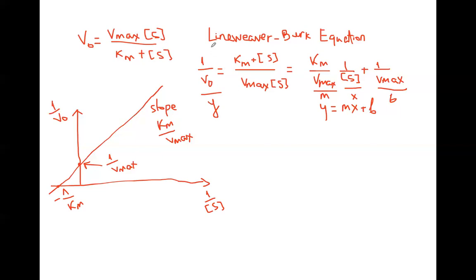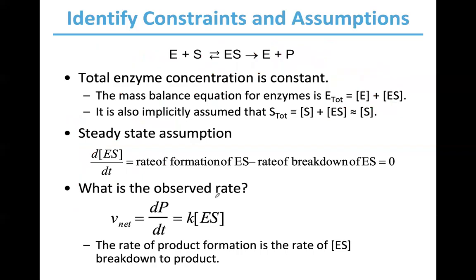So Lineweaver-Burk equation. On Sapling, you're probably going to be given a couple numbers for velocity, a couple numbers for substrate, and you're going to have to take the reciprocal and build a slope and calculate the Km and Vmax.